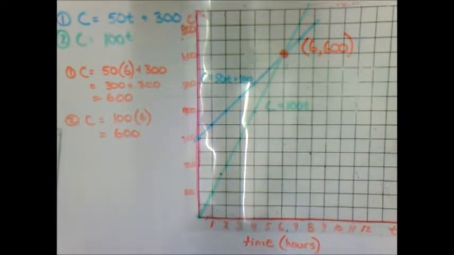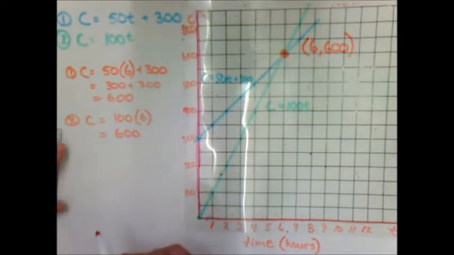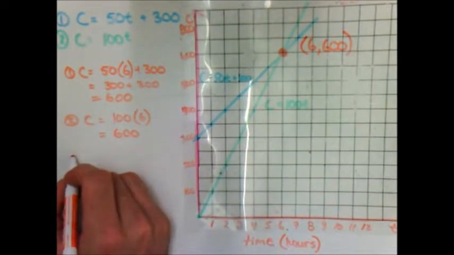And now we need to write a conclusion to actually answer the problem. Remember, the problem was how many hours will Ian have to fly each month so that the cost of renting will be the same as the cost of flying his own plane. And so we write that in a sentence.